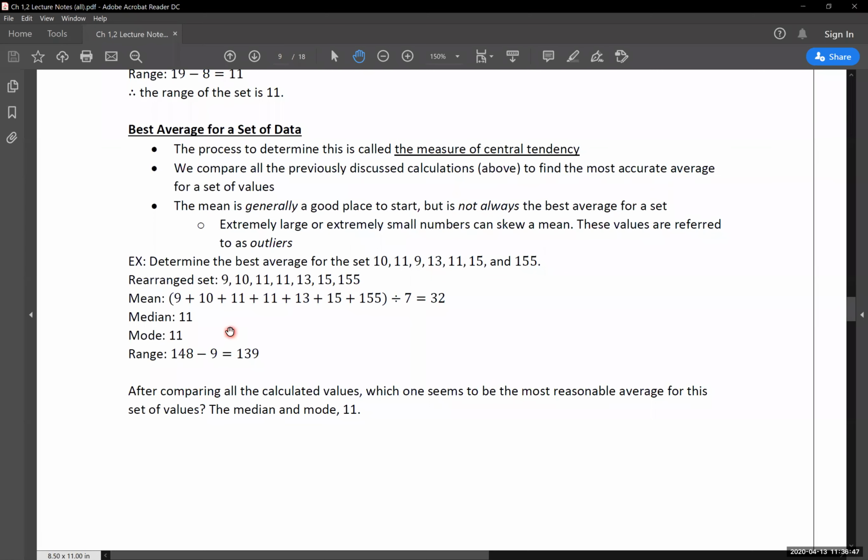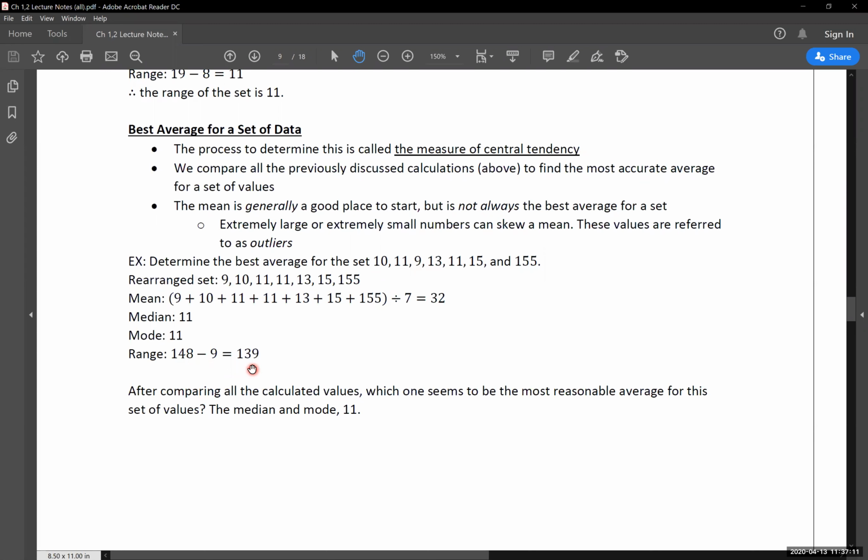And then I'm finding the range. So it's the maximum value minus the minimum value. So my maximum of 155, and I don't know why that's written in incorrectly. That's horrifically wrong. That should be 155 minus 9. And we get, what's that going to be? Mental math. 146, I want to say, if my mental math is correct.